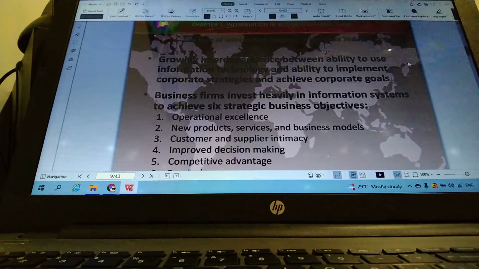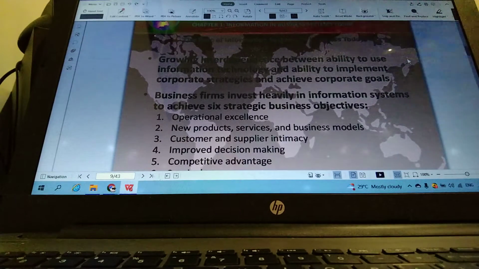Let me continue with the role of information systems in business today, on the same topic. There is a growing interdependence between the ability to use information technology and the ability to implement corporate strategies and achieve corporate goals. And this is possible only with the availability and use of MIS systems.